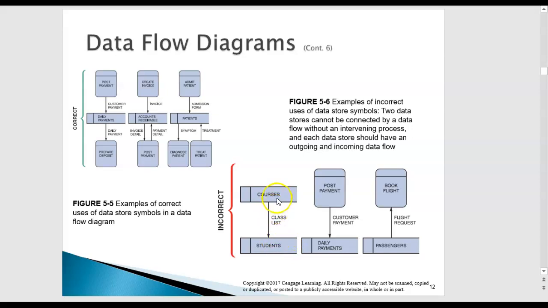If there is no process between these two data stores, you're essentially creating a redundancy which could just overburden your system. So the data has to go logically through another process for it to be stored into another data store. So you get the idea here.